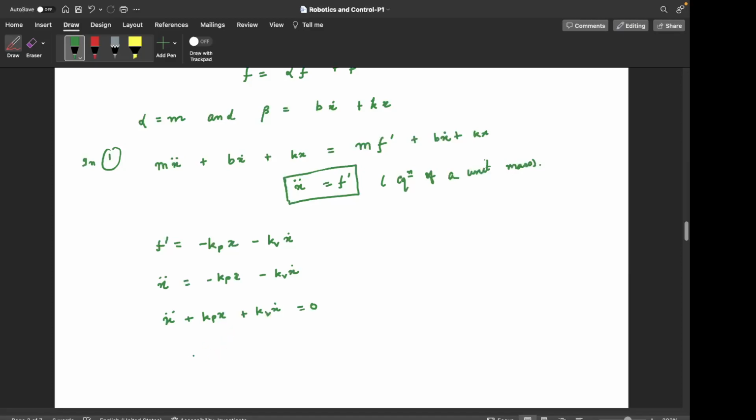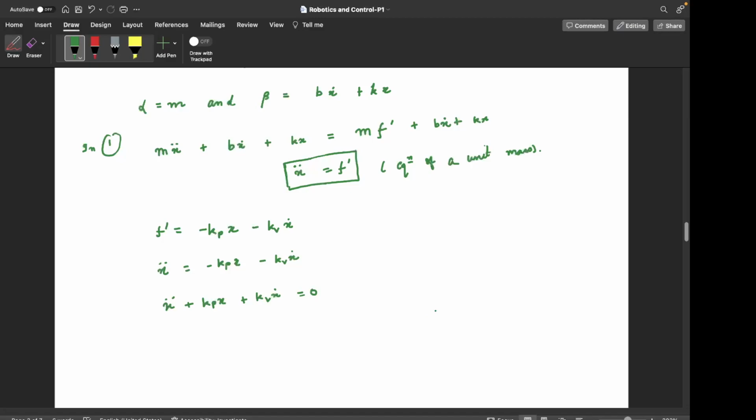And if we want x to be critically damped, you see that we have eliminated all the other parameters m, b and k. We have freed the model from those parameters, and now we just have two parameters here, kp and kv. For critical damping, what do we have? B is equal to 2 times under root km.